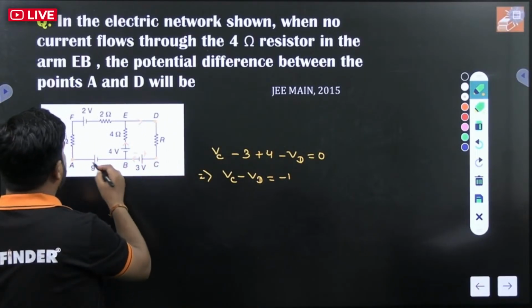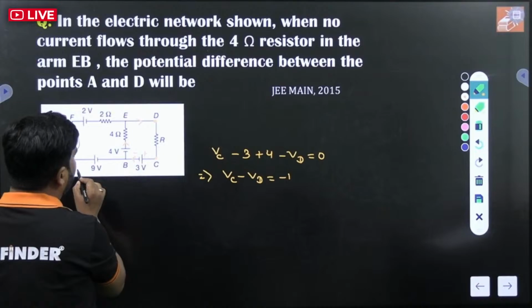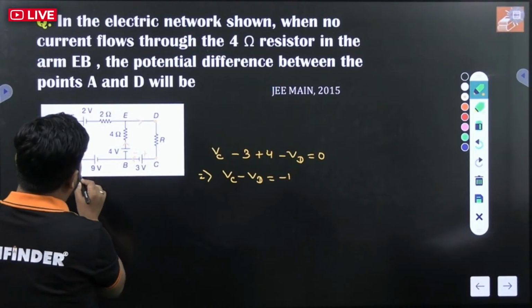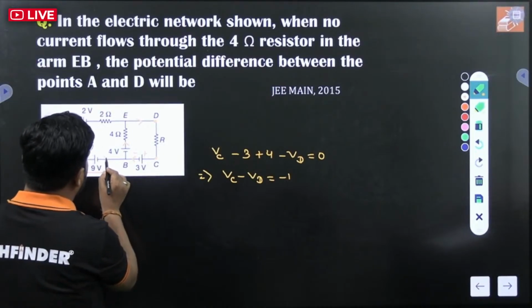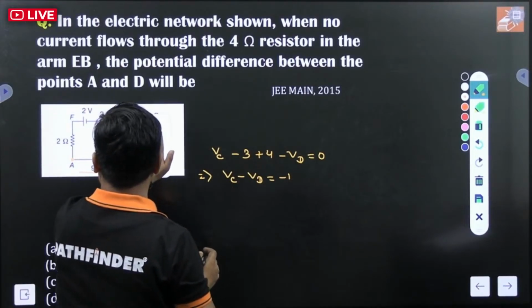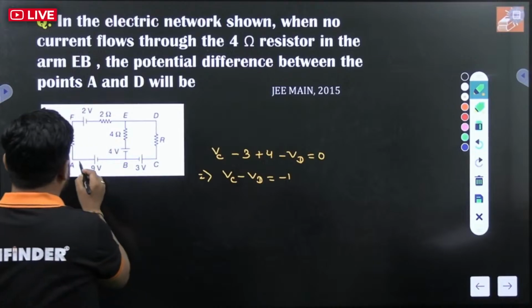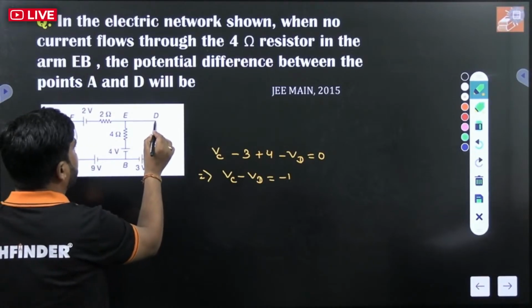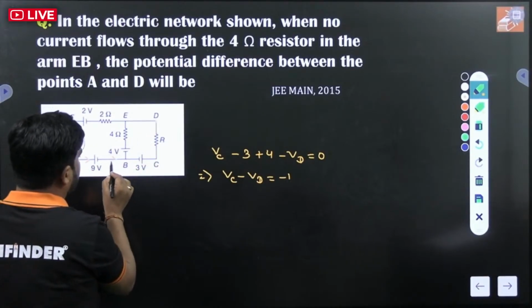Now let's come to this. Let's proceed from A to C. यहां से ऐसे जाते हैं. अब यहां से ऐसे फ्लो करते हैं. A से C की तरफ ऐसे जा रहे हैं.